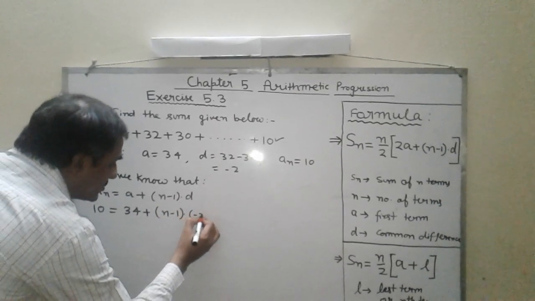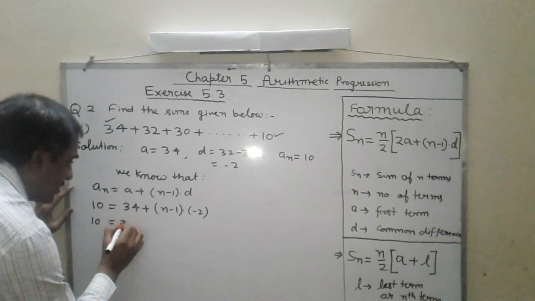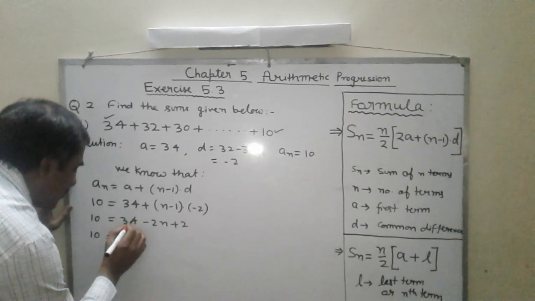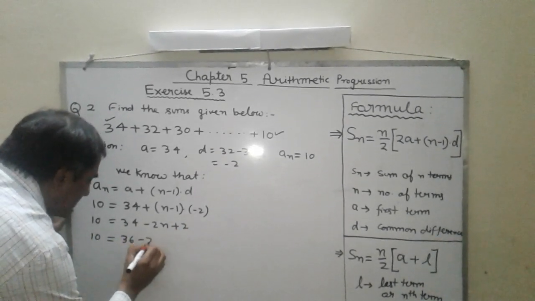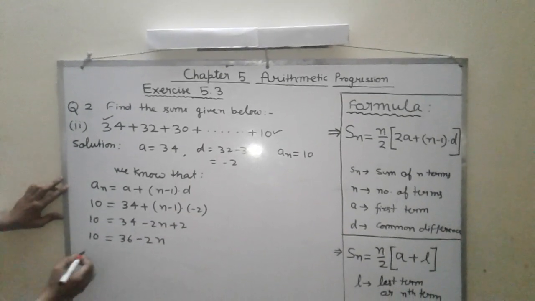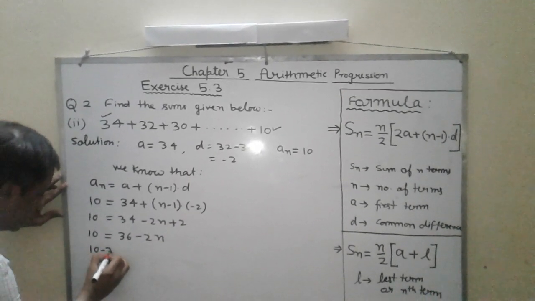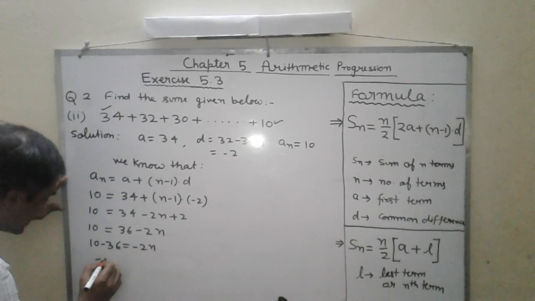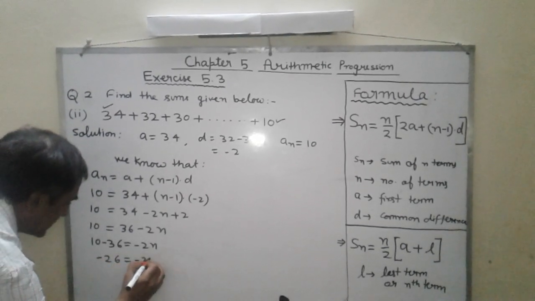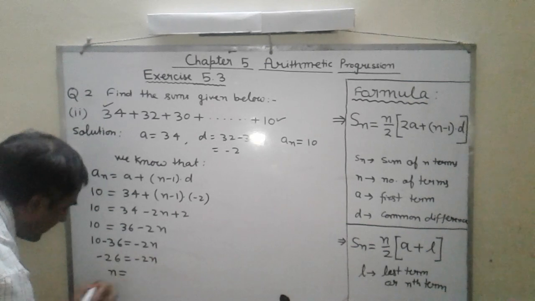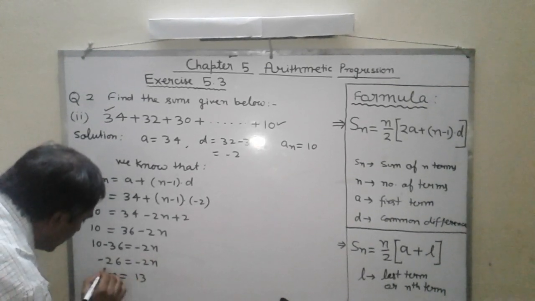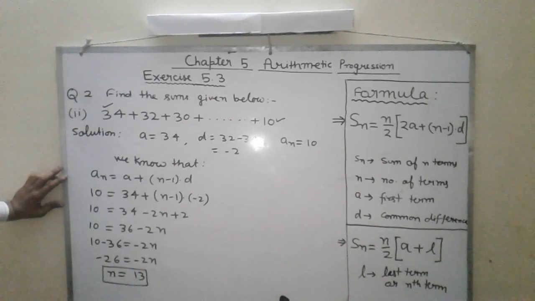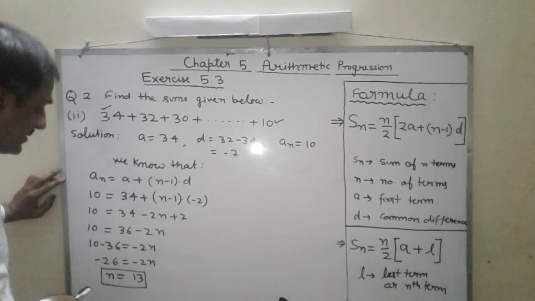The value of d is minus 2. 10 is equal to 34 minus 2n plus 2. 10 is equal to 34 plus 2, 36, minus 2n. 10 minus 36 is equal to minus 2n, so minus 26 is equal to minus 2n. Here it gives the value of n is equal to 13. After solving these equations, we find the value of n. Here the number of terms from 34 to 10 is 13.